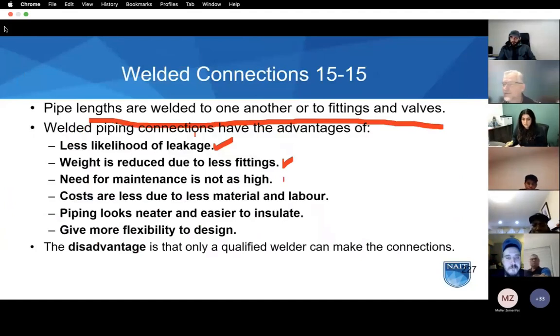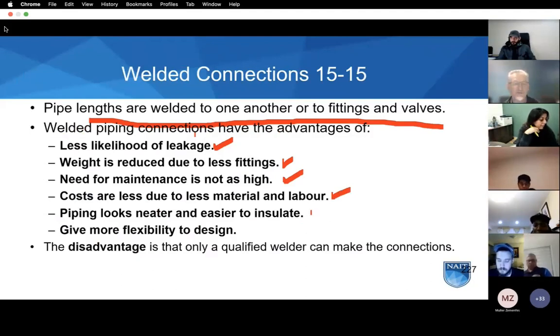So less maintenance. Of course, you don't have the ability to do maintenance if you have to cut apart a welded piping system. You often have to start over when you put it back together. Plus, they generally use less material and labor.